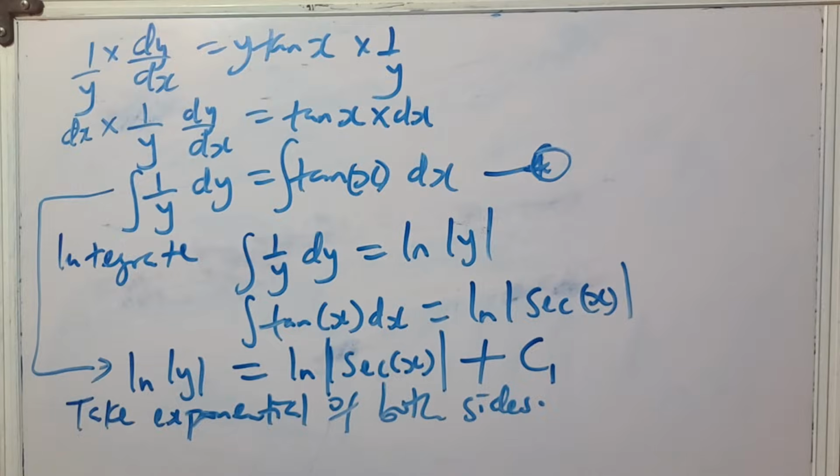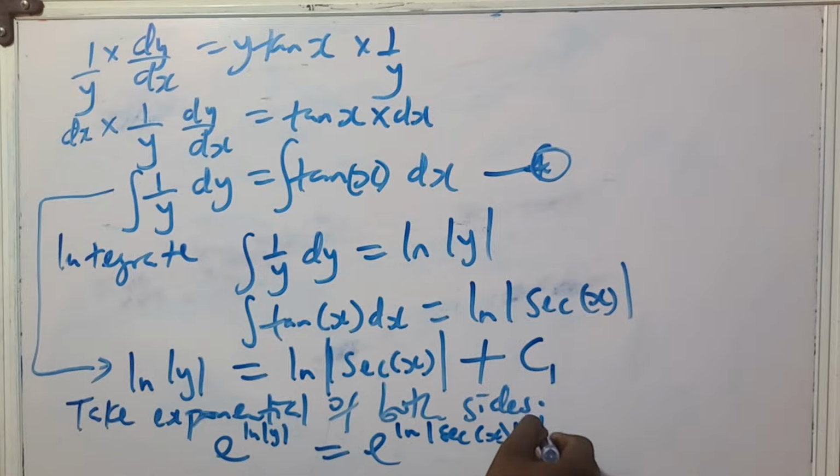So this will be e raised to the power of ln y equals e raised to the power of ln sec x plus c1. I'm sure you can understand what I'm trying to write there.